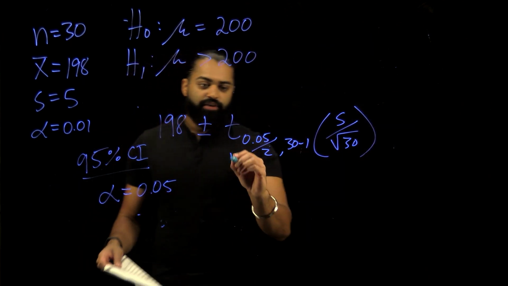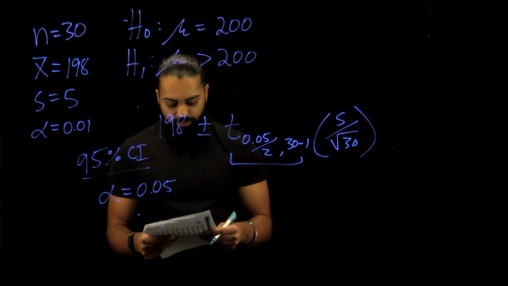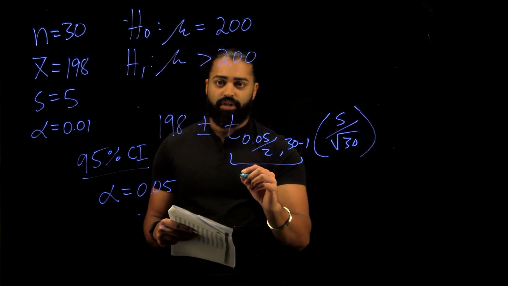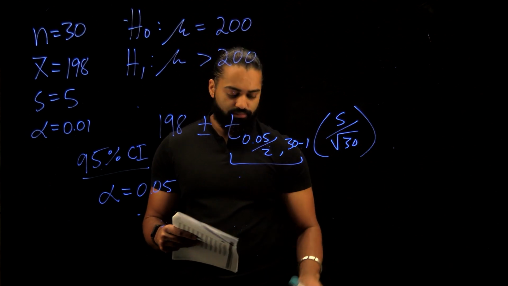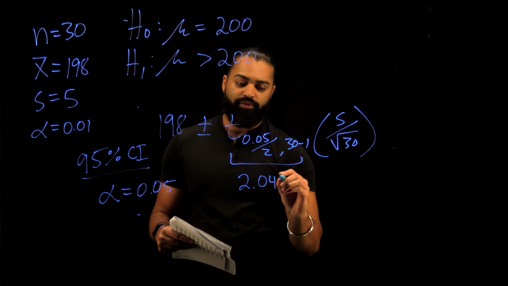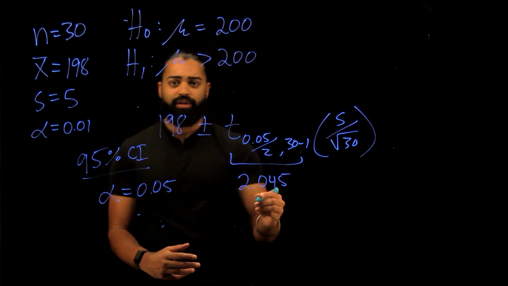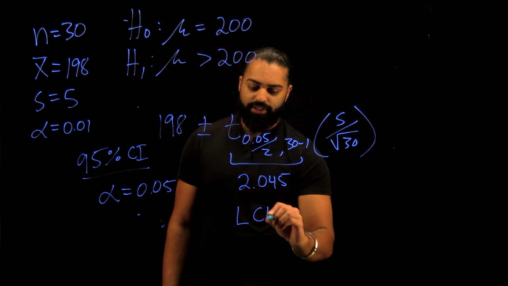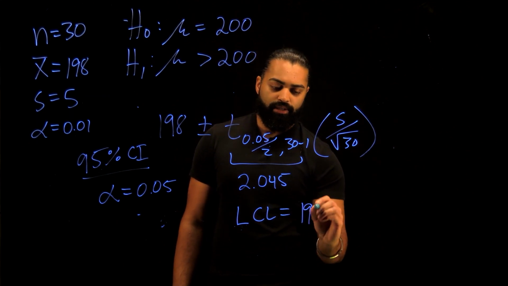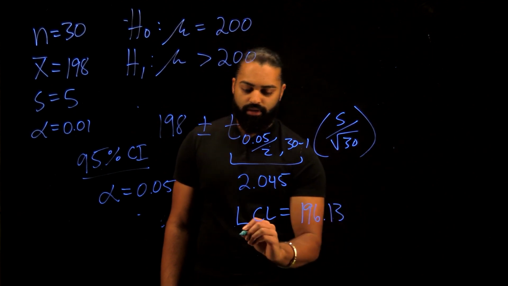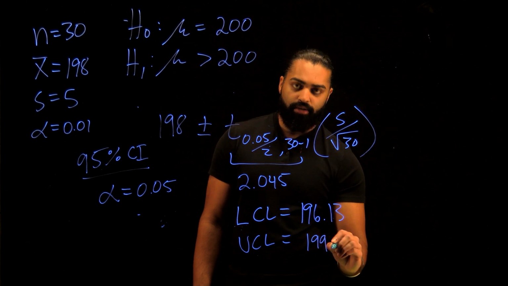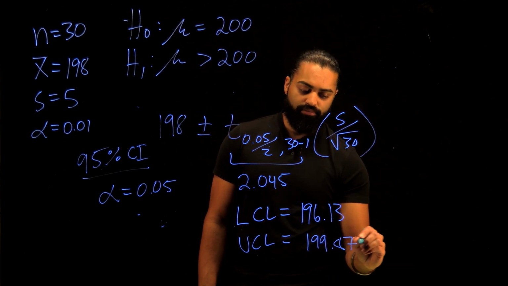So the t critical value here, I find on my t table. I'm just going to double check my work really quickly. So it should be 2.045. If I plug all this in, my LCL is going to be 196.13, my UCL is going to be 199.87.